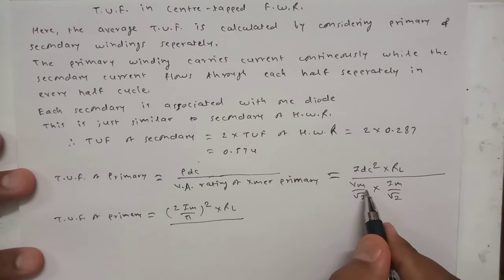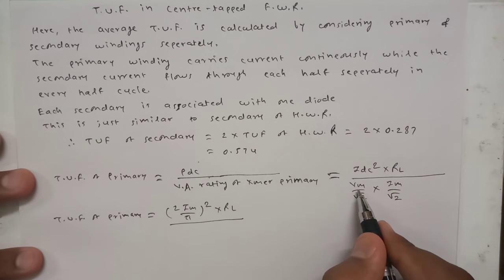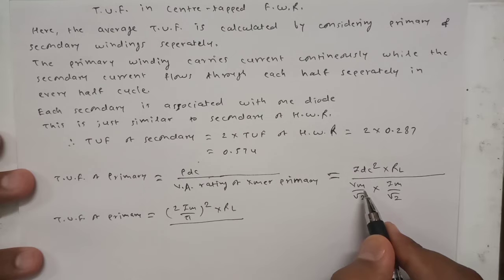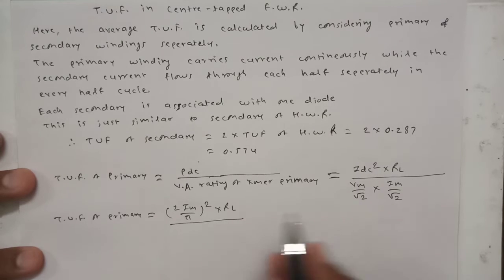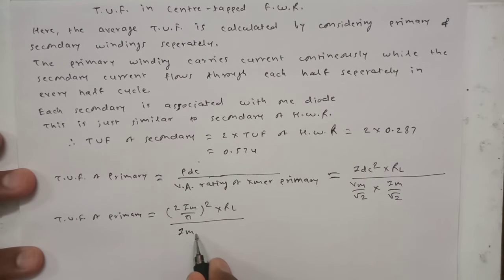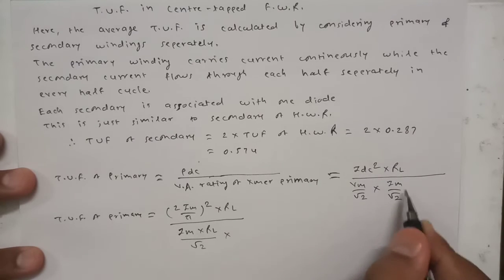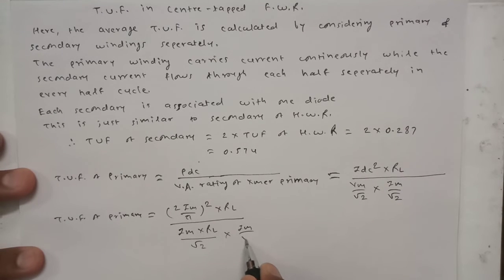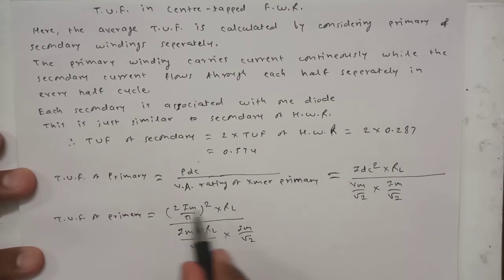After that, this Vm can be written in terms of Im, like Vm is nothing but Im multiplied by load resistor. If you do not remember, kindly go through the previous video where we have written this thing. So instead of Vm, I am writing Im multiplied by RL, and divided by root 2 as it is. Further, this term Im divided by root 2. Okay, now let us solve this.